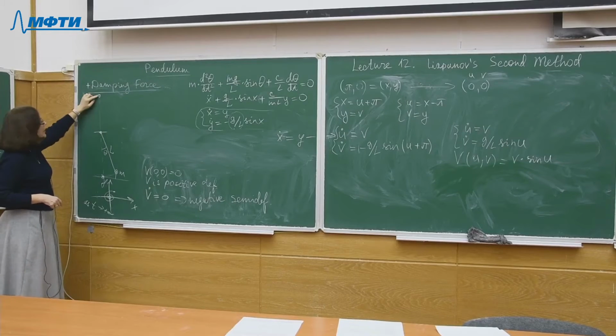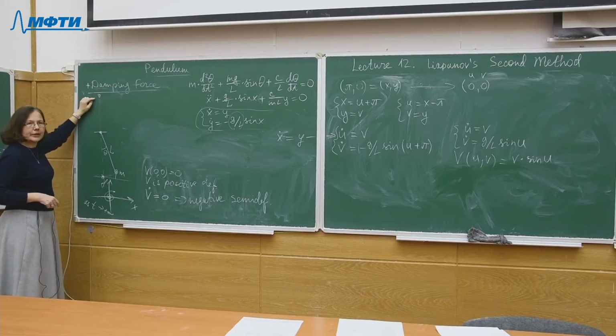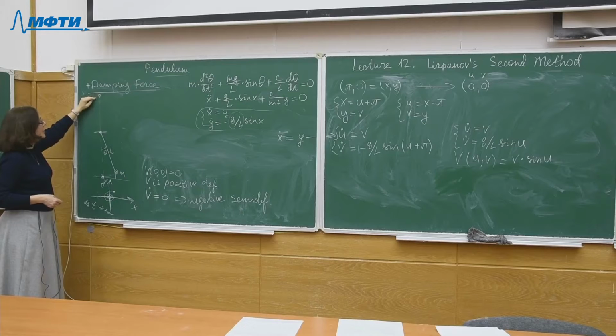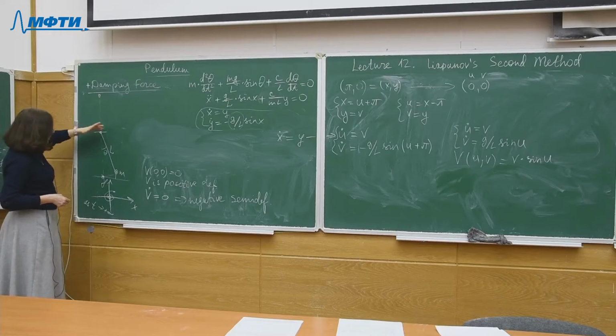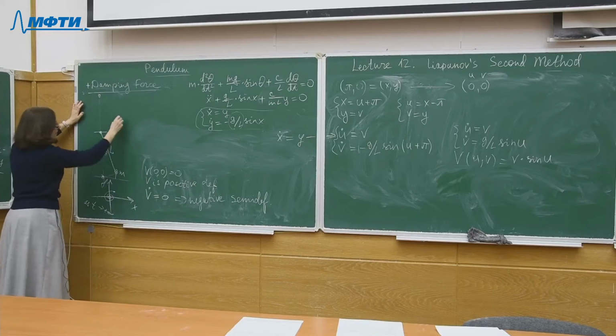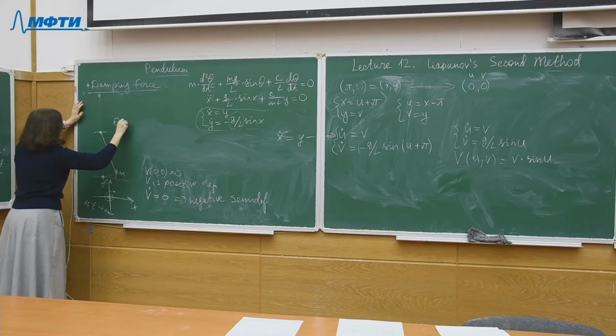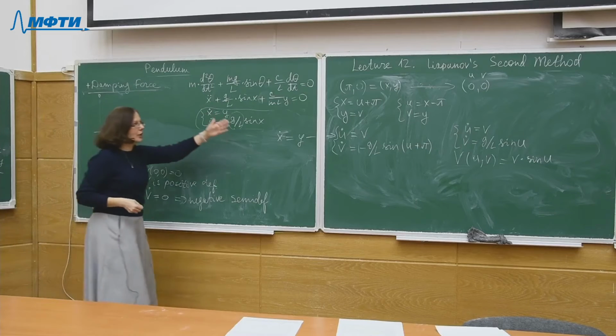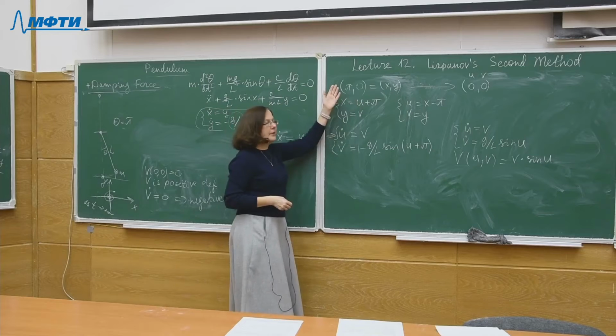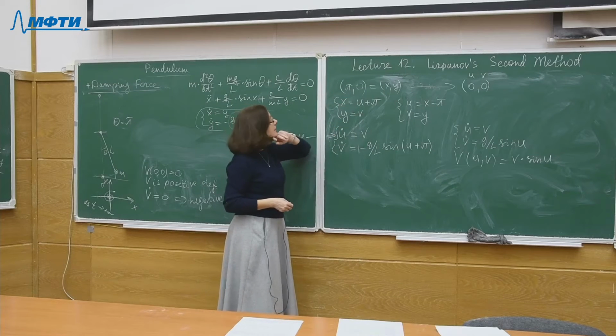So it is the vertical position, the vertical equilibrium, and I want to prove that it is unstable. Theta is pi at this position and y is 0. So first of all I must translate the axis.